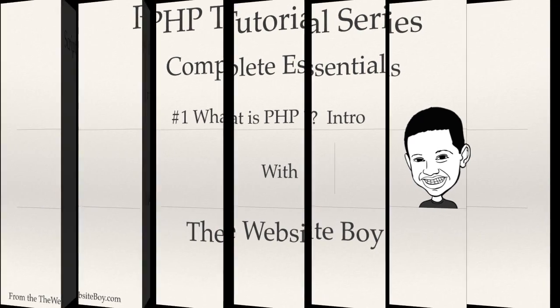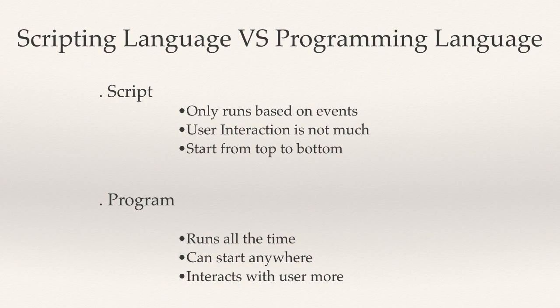Okay, so let's start. Now, PHP is a scripting language, meaning it's not really a programming language like Java or C or C++ or C Sharp. It doesn't need to be compiled, and it doesn't need to be put in another software to actually be read. It runs on the server, and it only runs based on certain events happening on the web page.